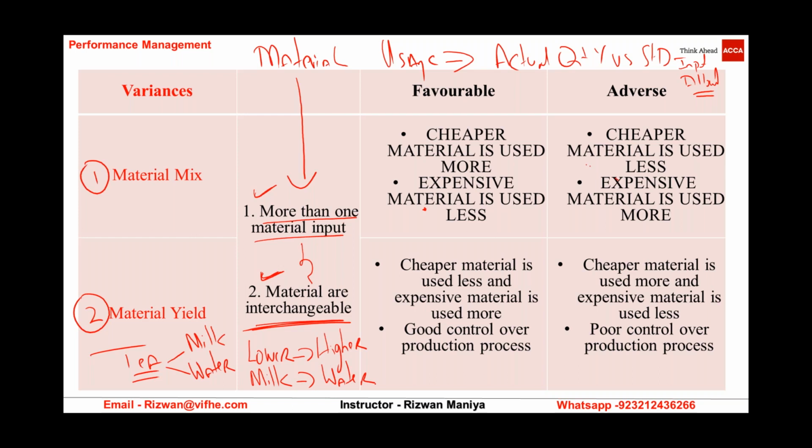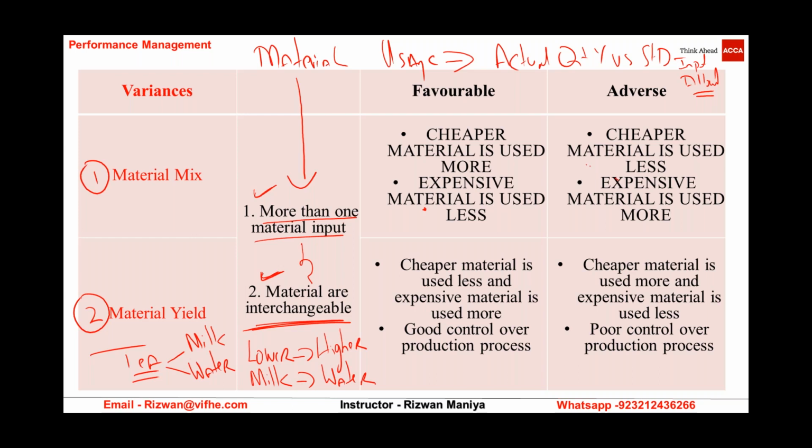If you reduce the quantity of milk and, in order to compensate, you increase the quantity of water, this means these two are interchangeable, which means the reduction of one quantity has been compensated by increasing the quantity of the other ingredient. So if you reduce the milk quantity and enhance the water quantity, you can still make tea. One cannot say that you will not be able to make tea in that case. Yes, you will be able to make tea even if you reduce the quantity of milk and enhance the quantity of water.